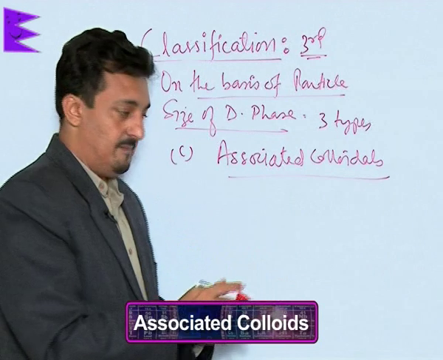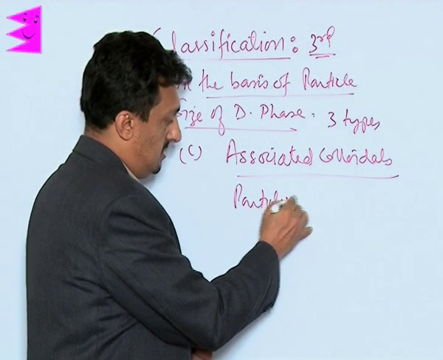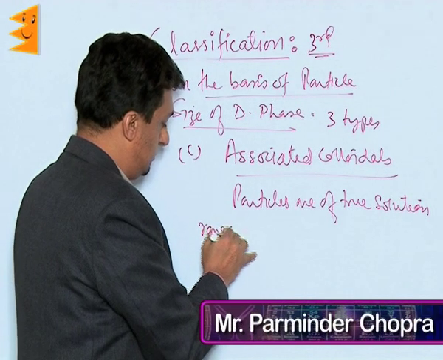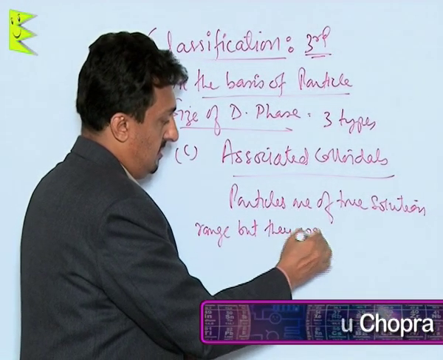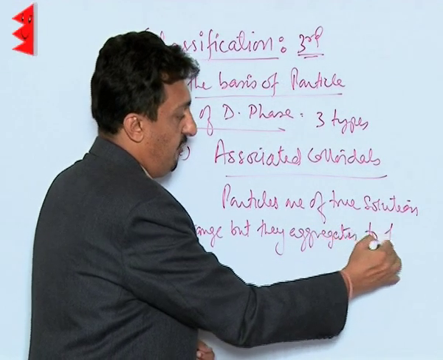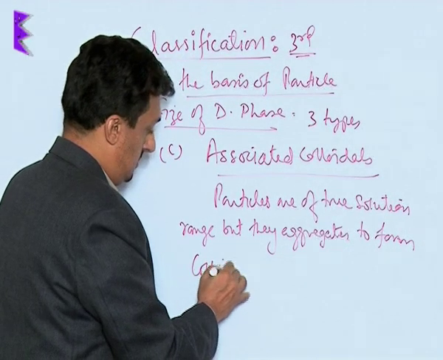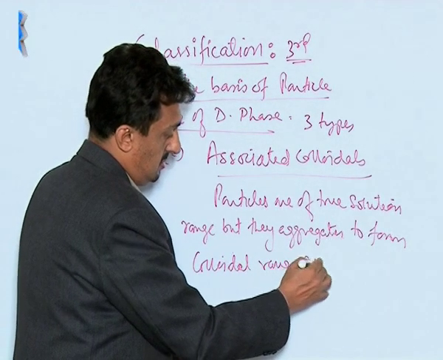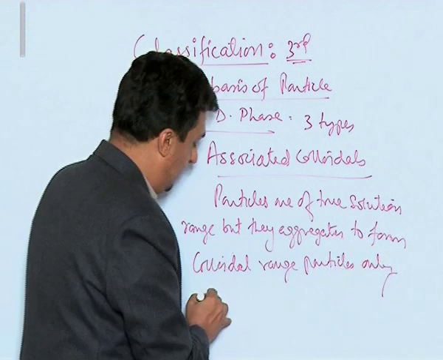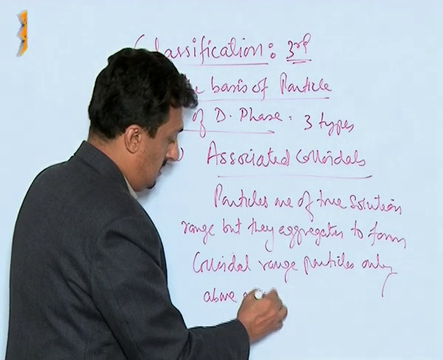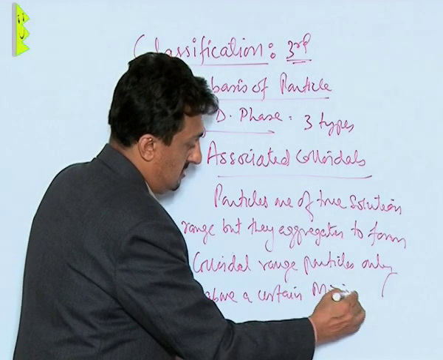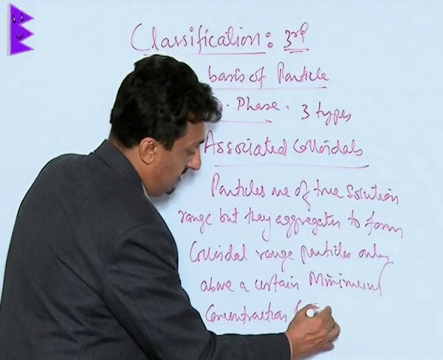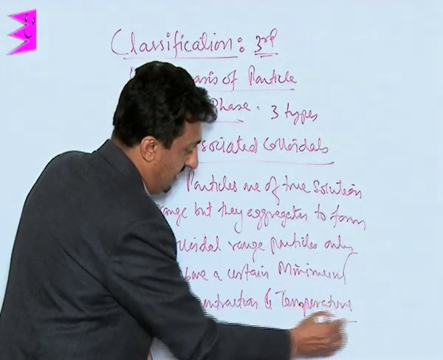Associated colloids, as the name suggests, the particles are of true solution range, but they aggregate to form colloidal range particles only above a certain minimum concentration and temperature.